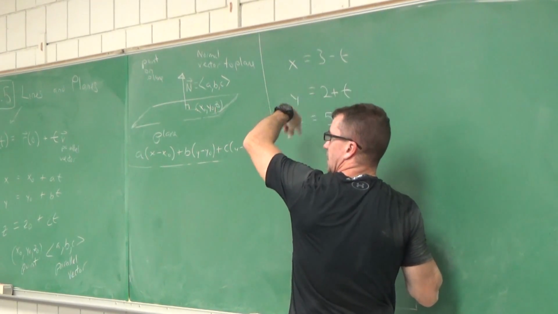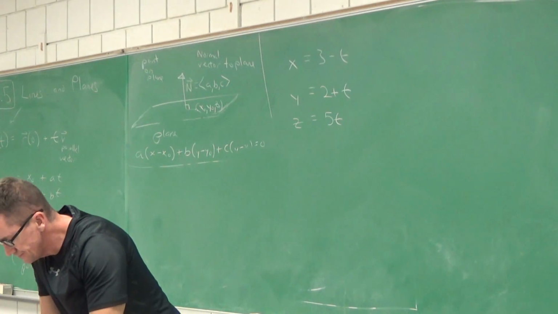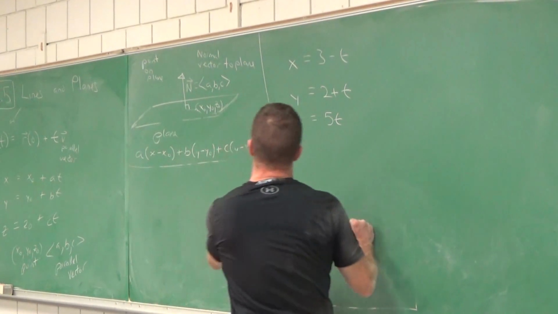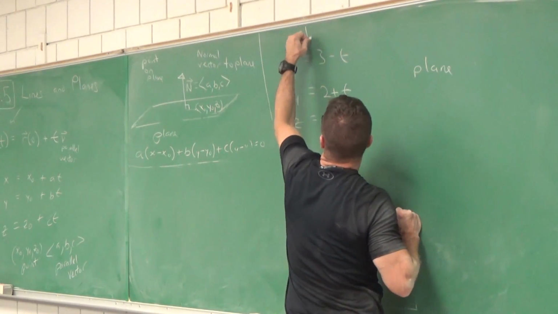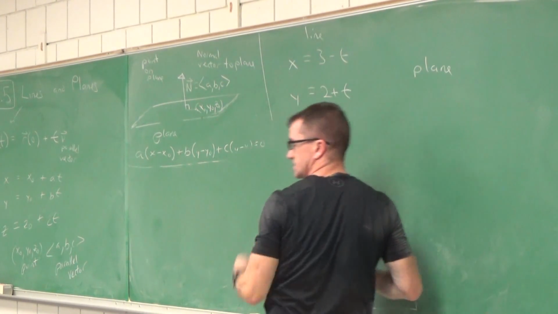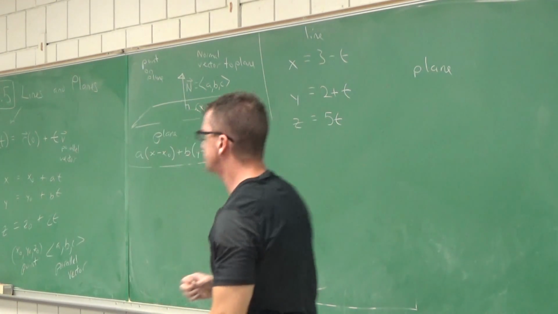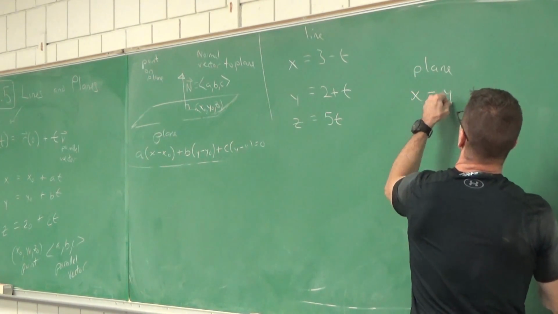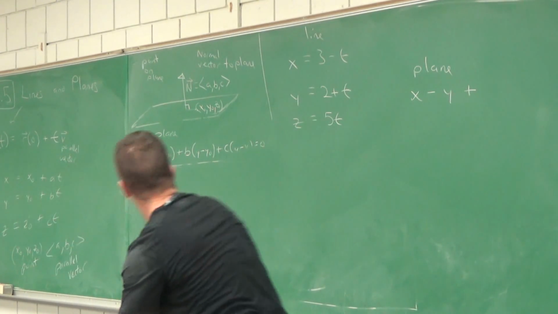So I'm going to agree these are the parametric equations of a line. Here's the plane equation: x minus y plus 2z equals 9.